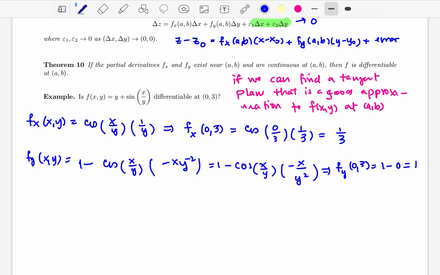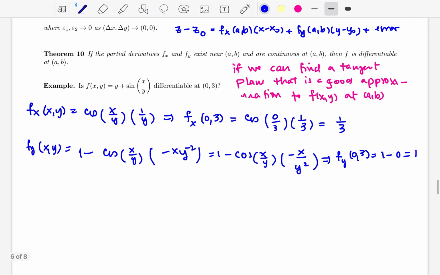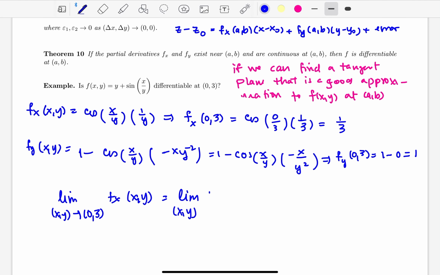And then you say, well, if I were to find the limit as (x, y) goes to (0, 3), I have here my derivatives. The beauty of this is that it is very easy to see that they're continuous. The limit as (x, y) goes to (0, 3) of f_x(x, y) is the limit of cosine of x over y times 1 over y.